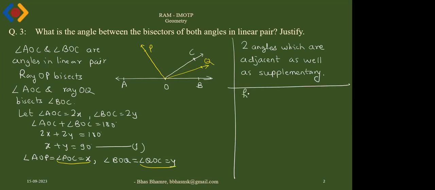Then from 1, angle POC plus angle QOC is 90 degrees. But when we observe here, we come to know that POC and QOC are adjacent angles. So by the angle addition axiom, angle POQ is their sum, which is 90 degrees. That is the angle between the bisectors of both angles in a linear pair, and we did this with justification.